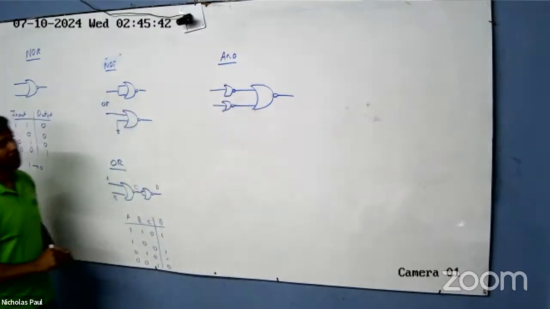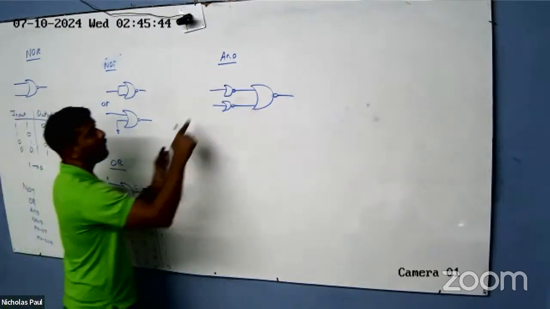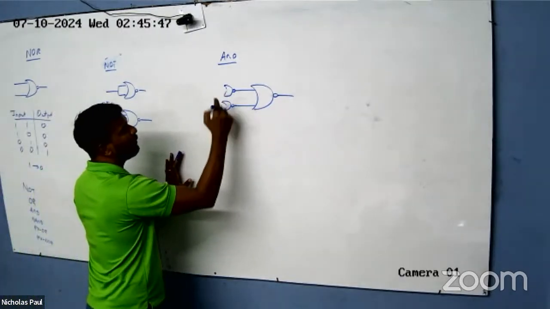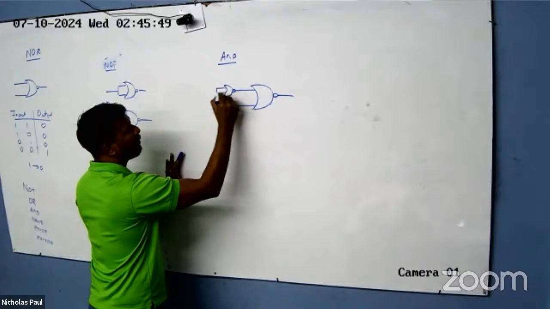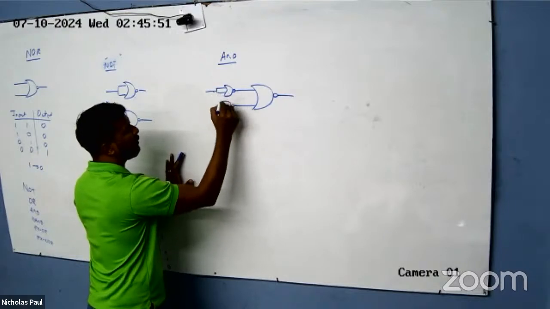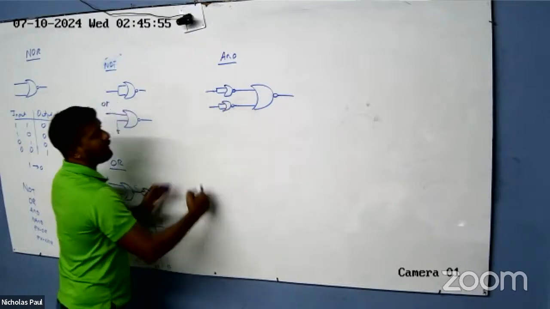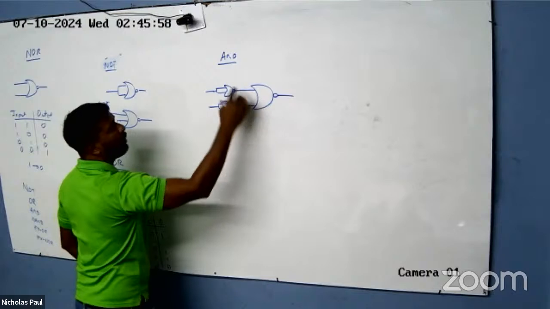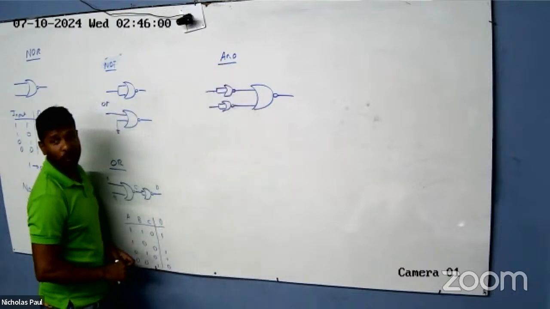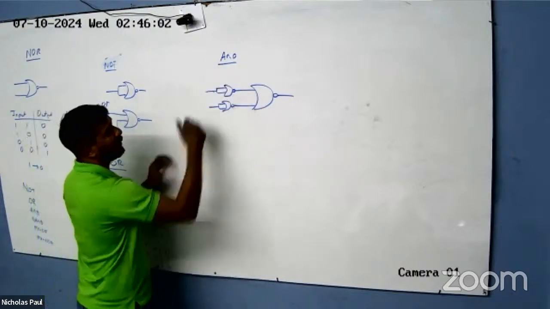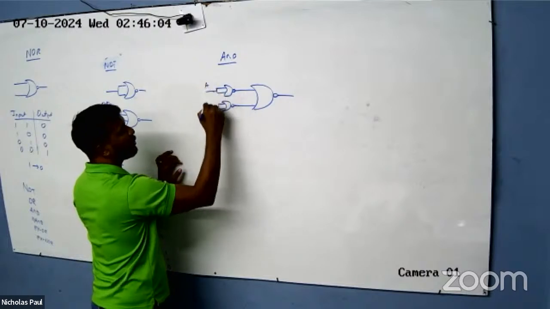Now, by using NORs alone, we have an AND gate. 3 NORs to make an AND gate.